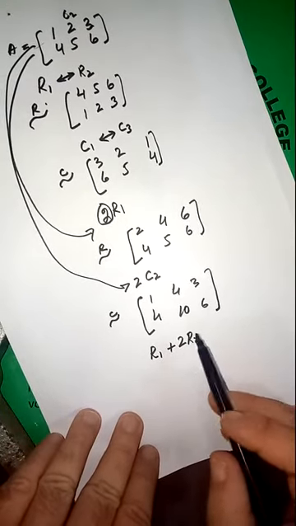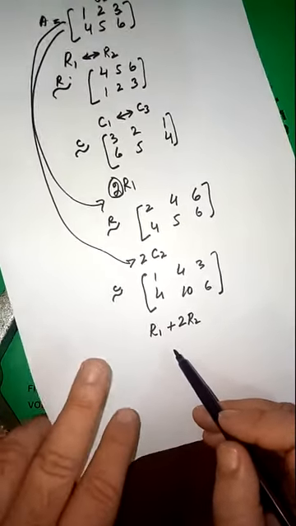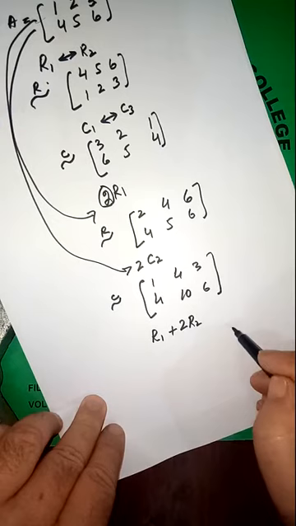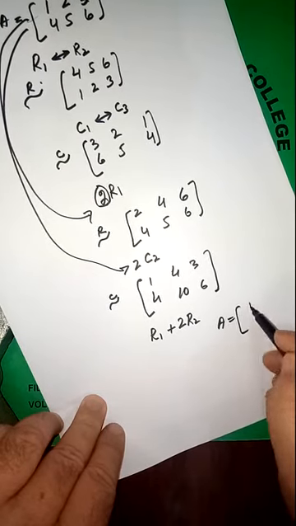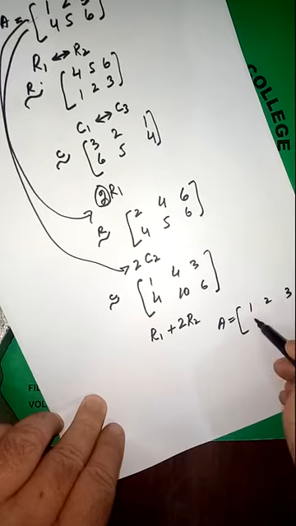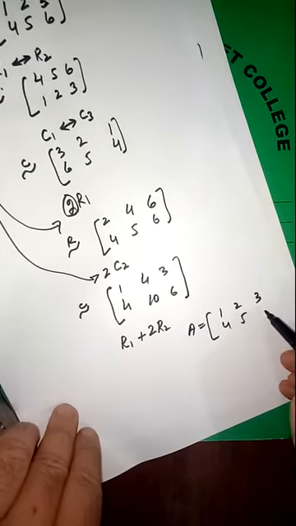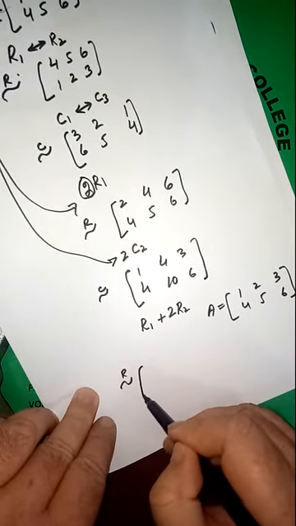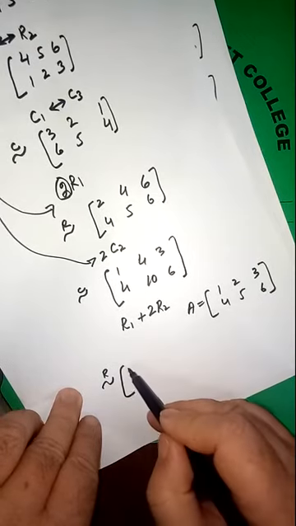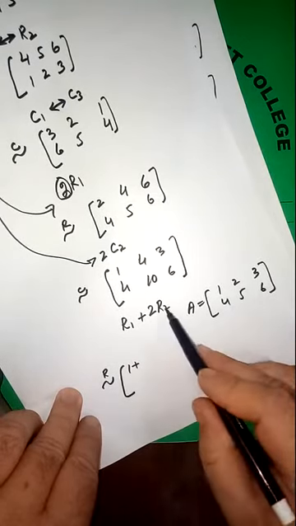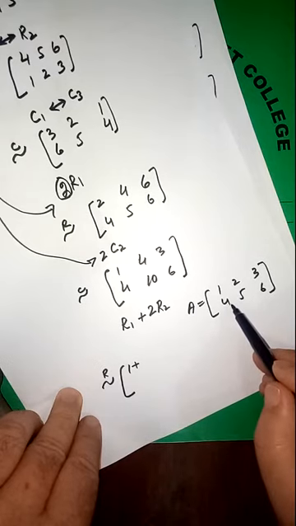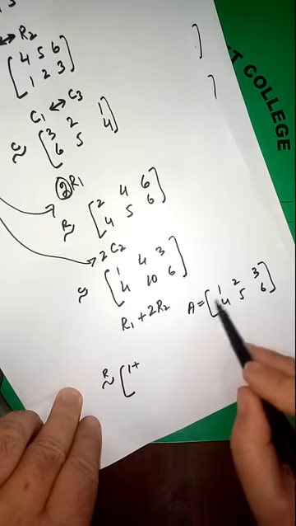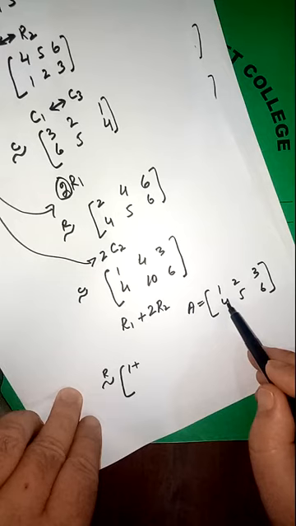If we apply the same operation on this matrix A, 1, 2, 3, 4, 5 and 6, this is a row operation, R1 becomes R1 plus 2R2. We multiply 2 with each element of R2 and add the corresponding element of row 1. So that is 1, and 2 multiplied by 4 becomes 8.